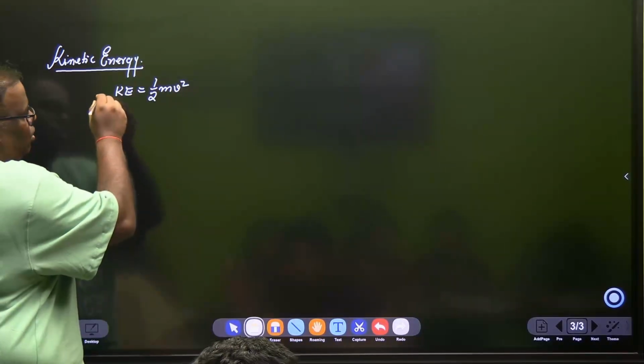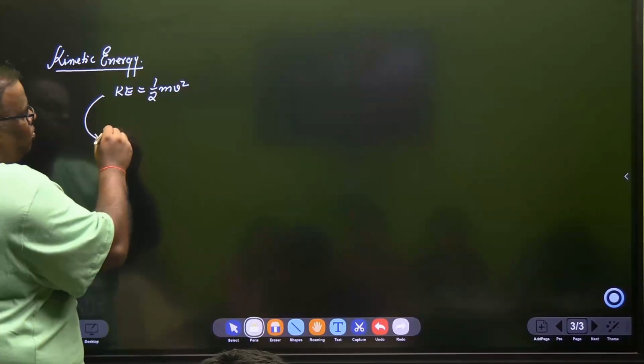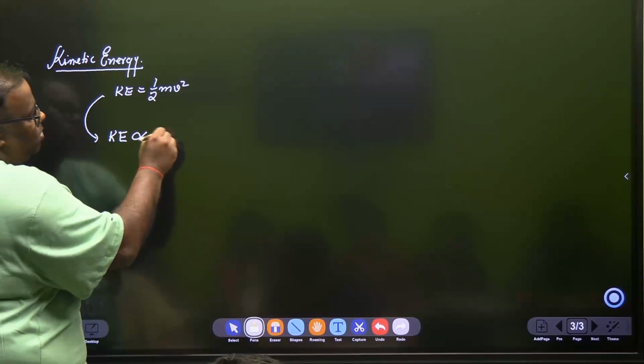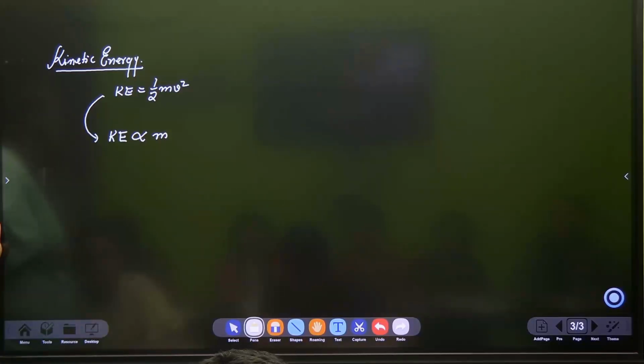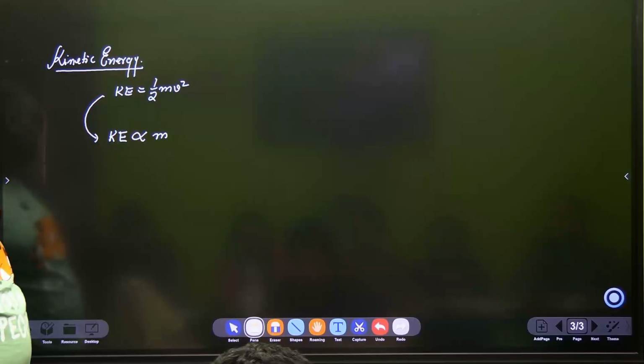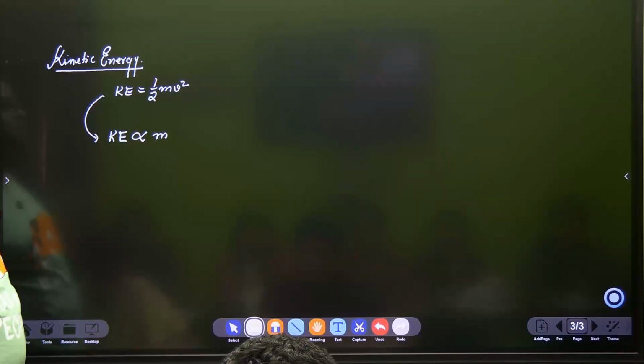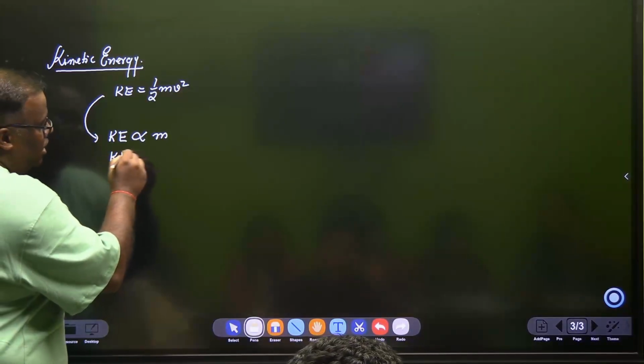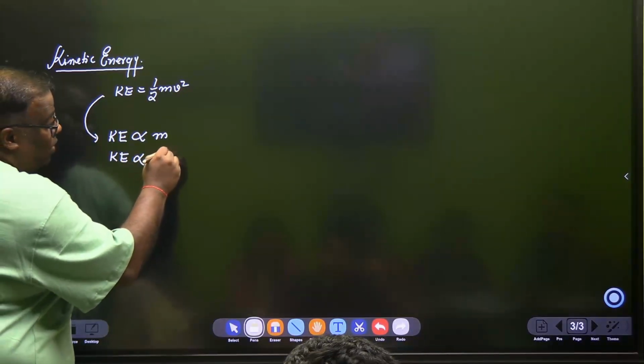So if you look at this expression in a proper manner, you can say the kinetic energy is directly proportional to the mass. Right? With the same velocity, if a bull is coming and a butterfly is coming, the bull carries much more energy with it because its mass is more. Understood? And the kinetic energy is proportional to the square of the velocity.